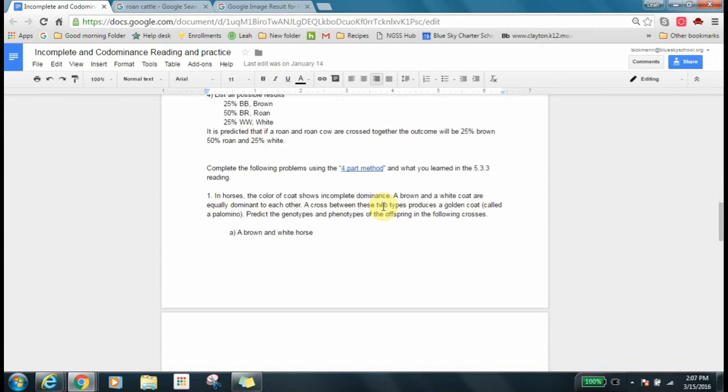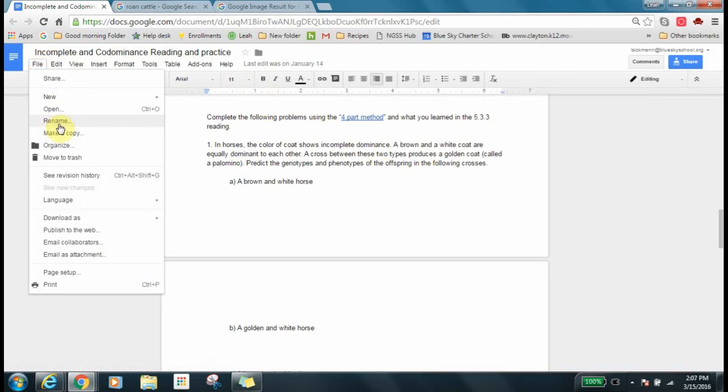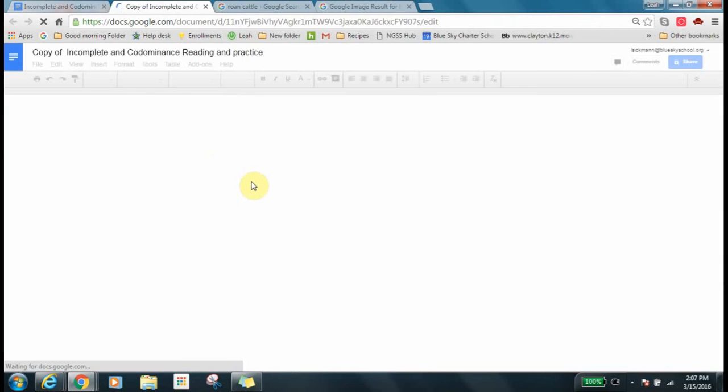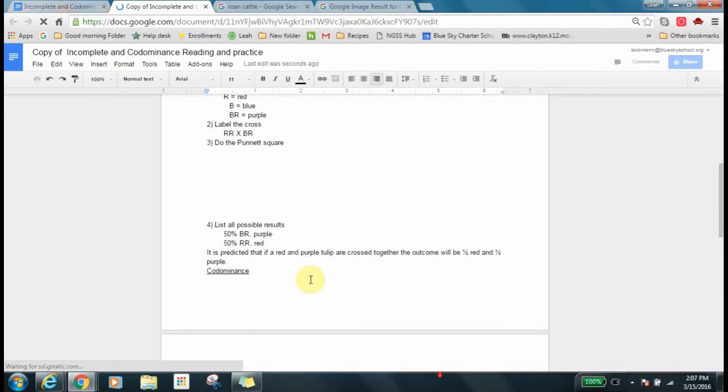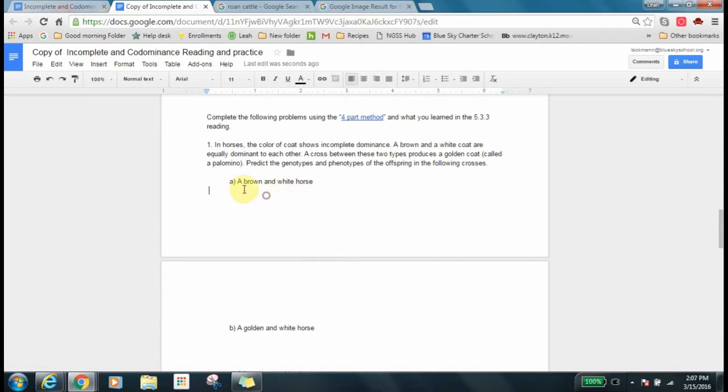So as you work through down here, you will do a little bit of both methods, crossing a brown and a white. And I can make a copy here to show you, you can write right on it. If you get a brown horse and a white horse, what kind of crosses do you end up with?